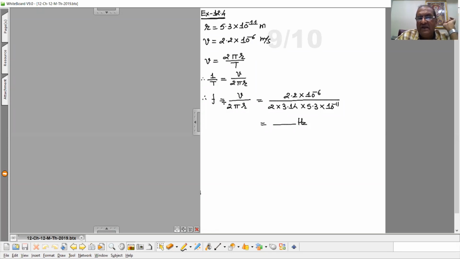So frequency f equal to v upon 2 pi r. Now substitute the value of v, 2.2 into 10 raised to 6, upon 2 into 3.14 into r, 5.3 into 10 raised to minus 11. Then solve it. You will get the frequency of the electron. Okay, clear?